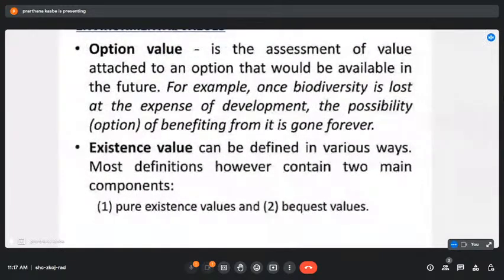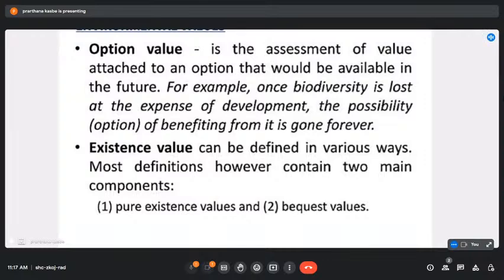The option value is the assessment of value attached to an option that would be available in the future. That option available in the future is called the option value.